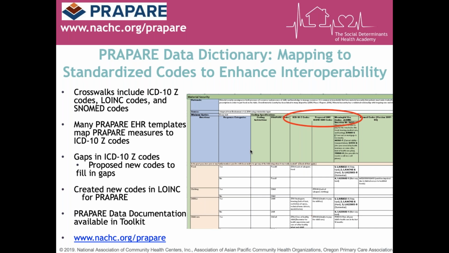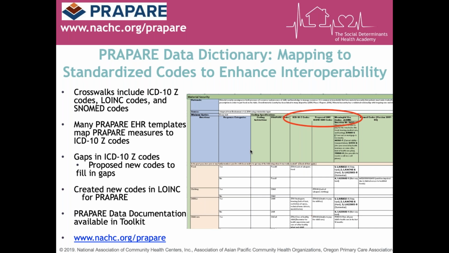We have mapped PRAPARE data to 3 standardized codification sets that are commonly used. One is the ICD-10 Z code list. For those who aren't familiar, in the last iteration of ICD, so ICD-10, a new set of codes called Z codes were added that were meant to help capture information around socioeconomic circumstances and social risk.